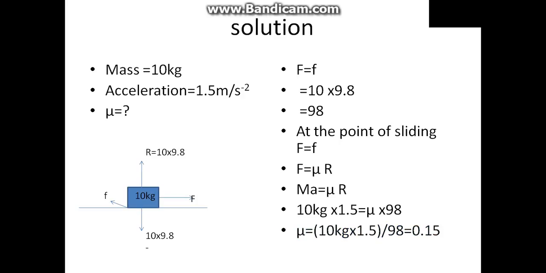We make mu the subject of the formula. Then what we get is 10 kilograms times 1.5 meters per second squared all over 98. We now get 0.15.